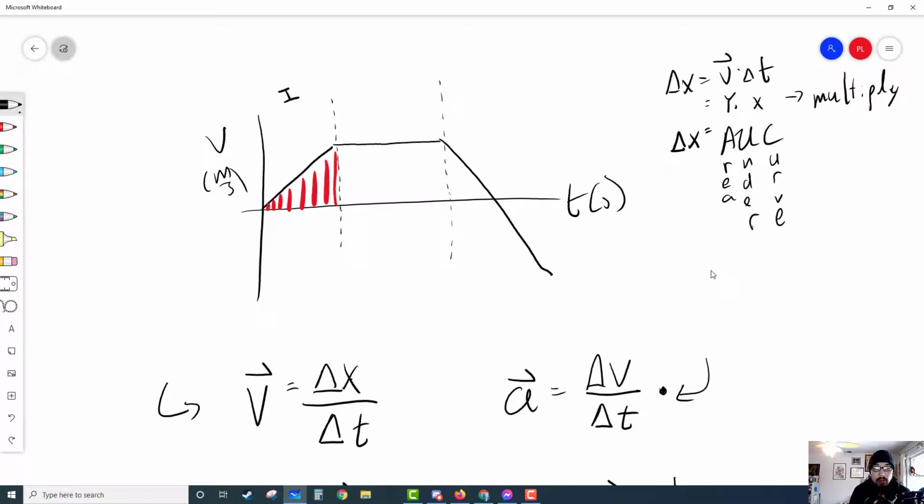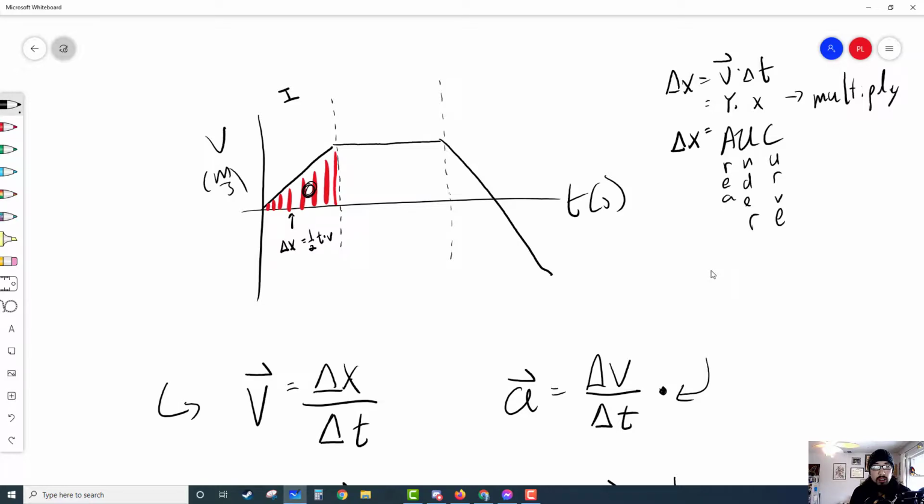Whatever the area for this triangle is, and we know that the area is 1/2 base times height, that will give us your displacement. So the value for the area of this portion will tell us how far, or the displacement of the object. And for here, we can say the displacement is 1/2 base, which is time, times height. So velocity, 1/2 times time versus velocity.